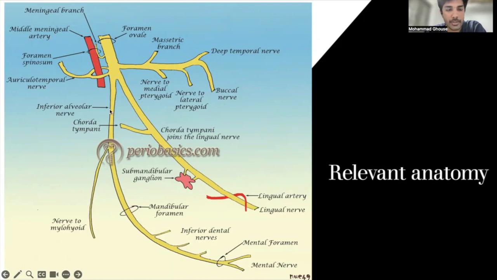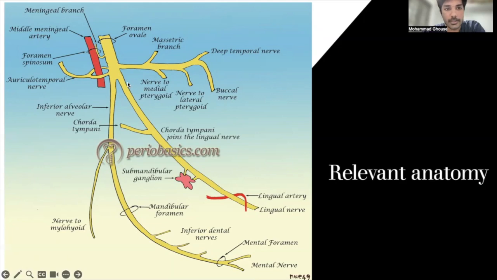The inferior alveolar nerve, before entering the mandibular foramen, gives off a branch, the nerve to mylohyoid, which supplies the mylohyoid muscle. Then it enters the mandibular foramen, supplies the pulp of molar teeth and the premolar teeth, and comes out of the mental foramen as mental nerve, which supplies the skin over the chin and the lower lip on the ipsilateral side.